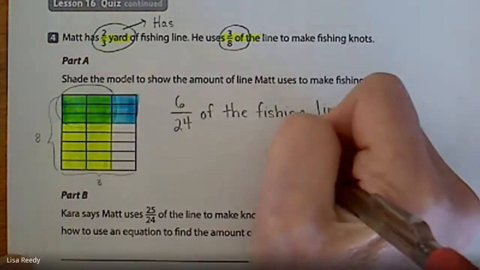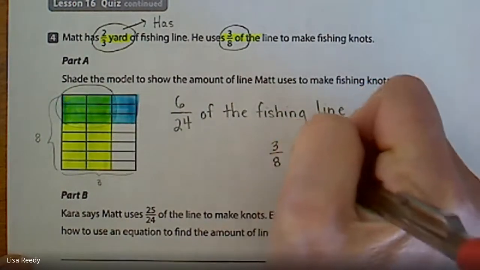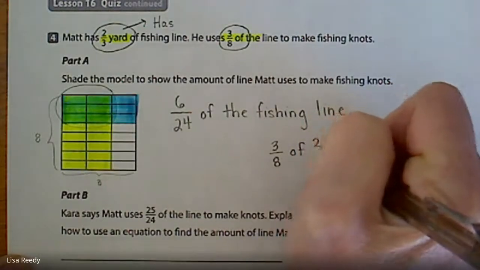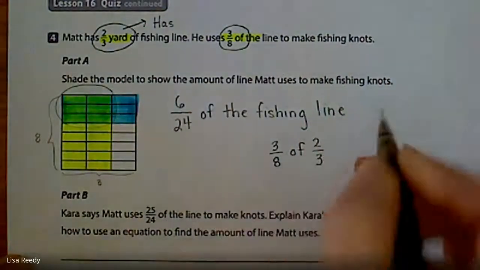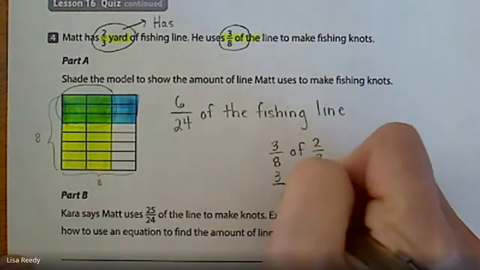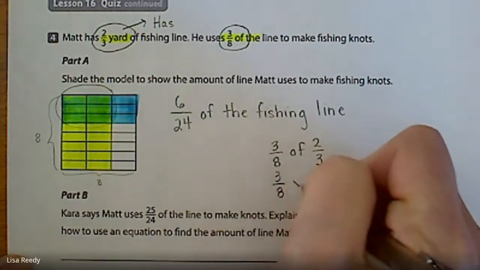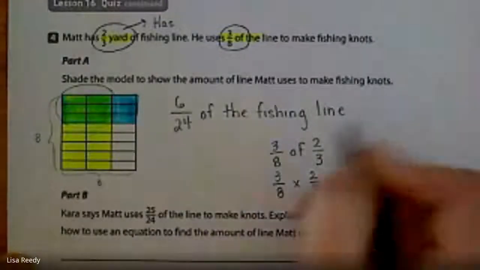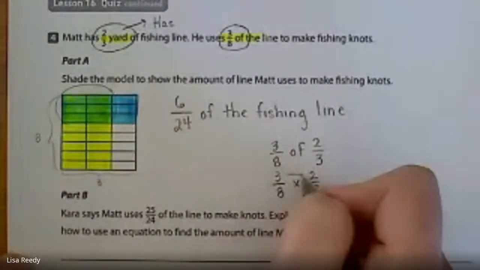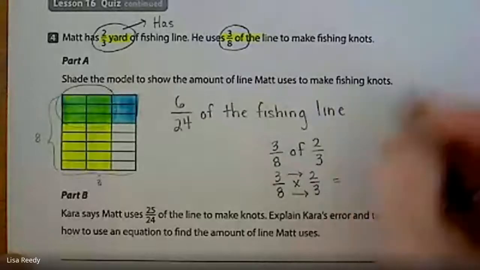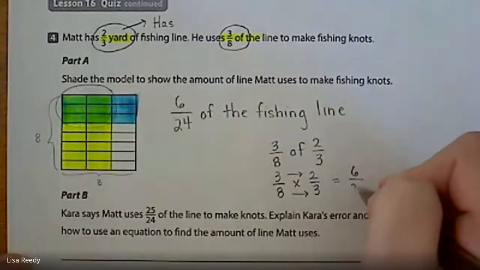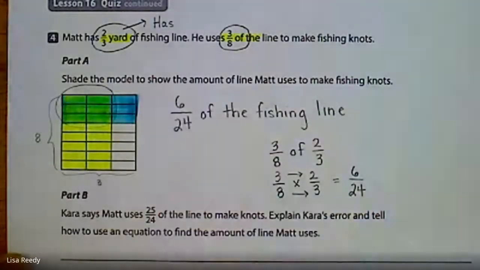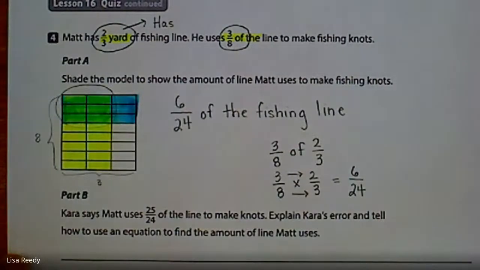So you are finding 3/8 of 2/3, which you know is the same as 3/8 times 2/3. If you multiply this across without simplifying, you see that you get 6/24.